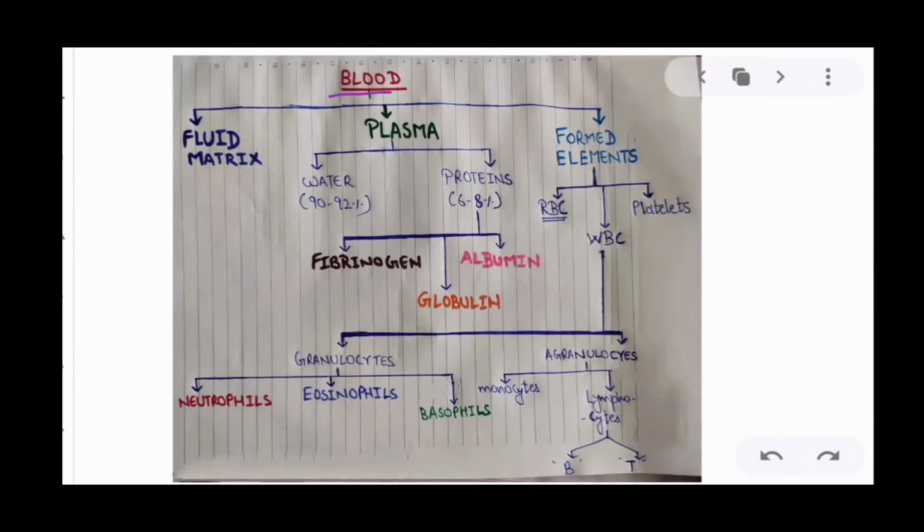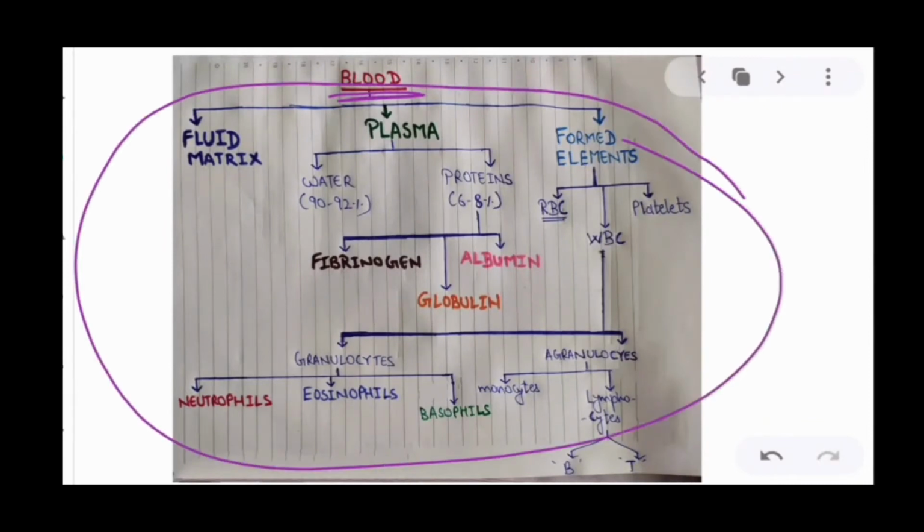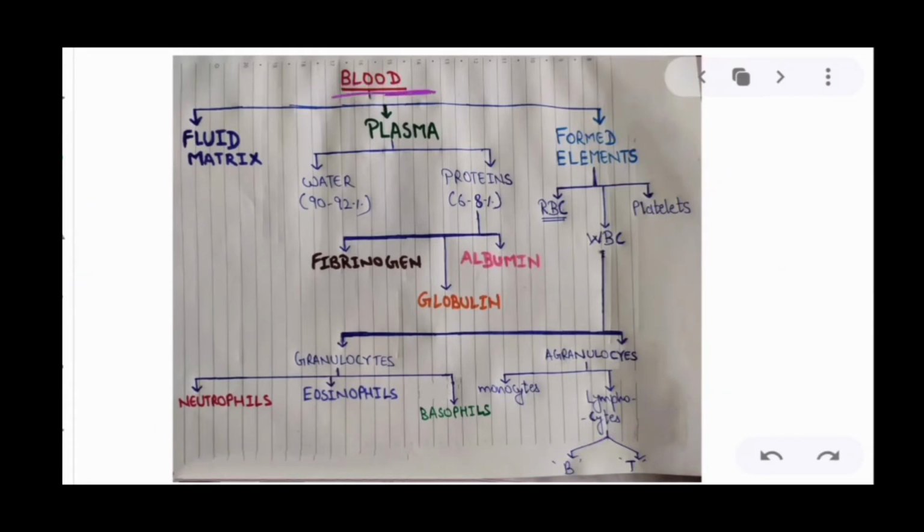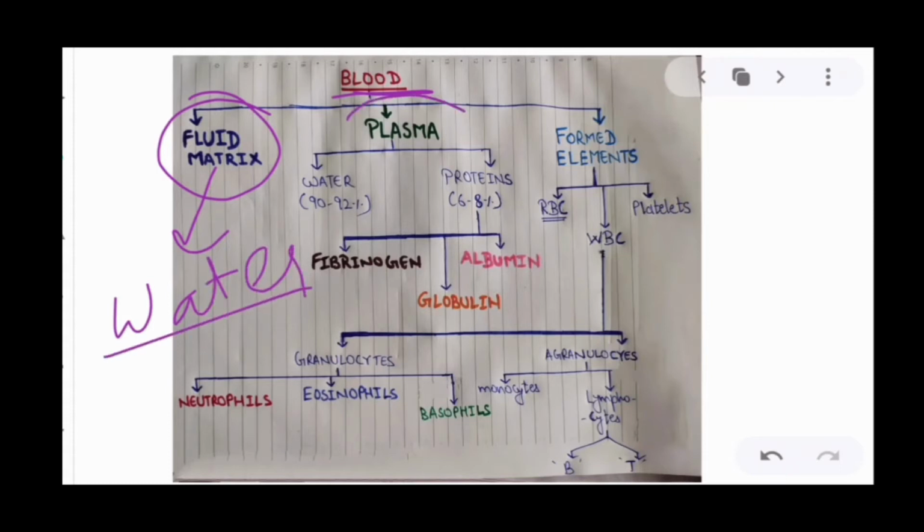The constituents of the blood can be divided into these many parts, and going deeply we can say that the blood consists of 3 constituents: the fluid matrix, or you can say the water, which constitutes the most, then the plasma, then the formed elements.